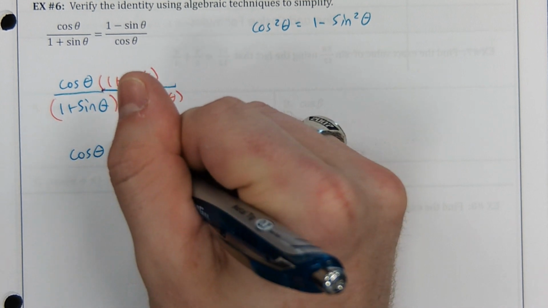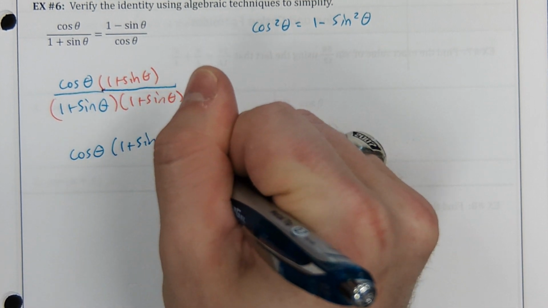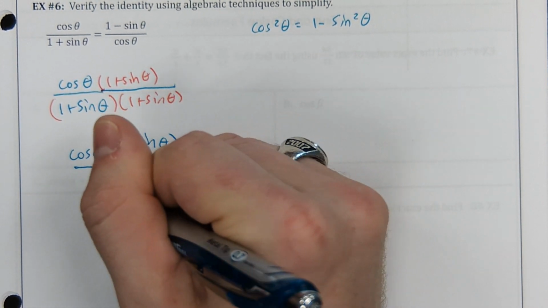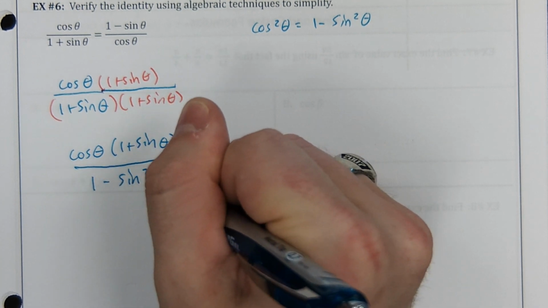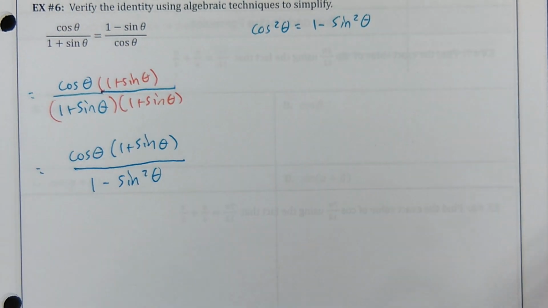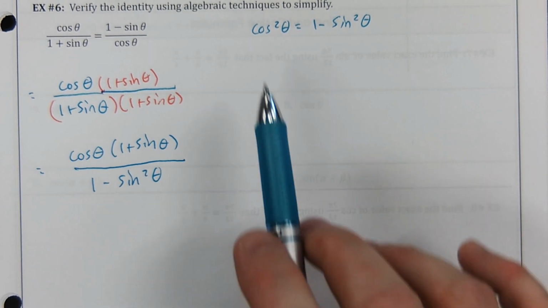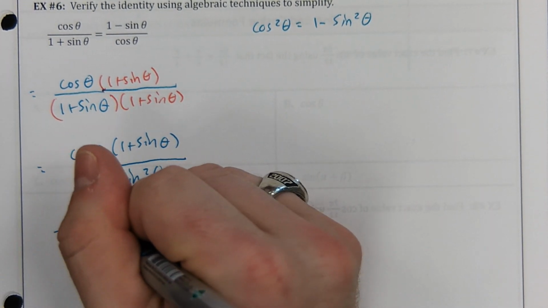I'm going to leave the numerator factored. And hopefully you've started to commit some of these Pythagorean identities to memory. 1 minus sine squared theta is cosine squared theta.